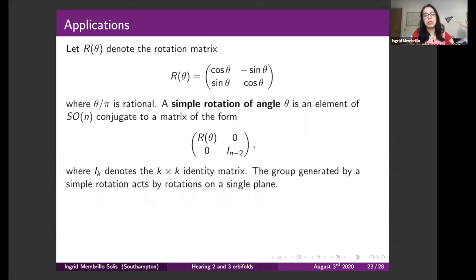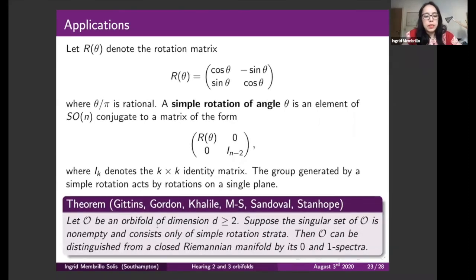And so this is our theorem. So let O be an orbifold. I have to say that we always are working with closed orbifolds, and that means compact and without boundary. So even though I didn't put it explicitly, we consider that this is compact, closed. So let O be an orbifold of dimension d bigger than or equal to 2.